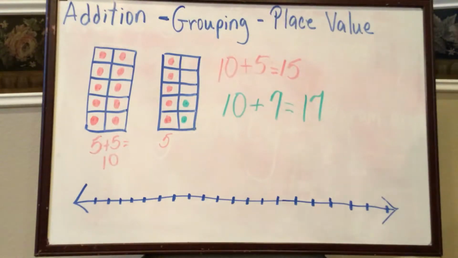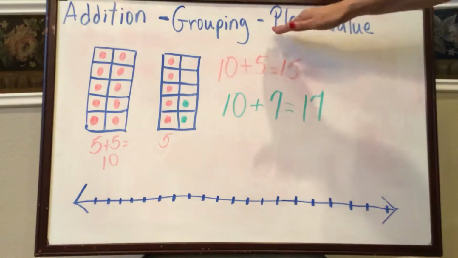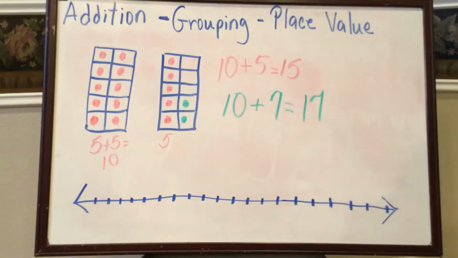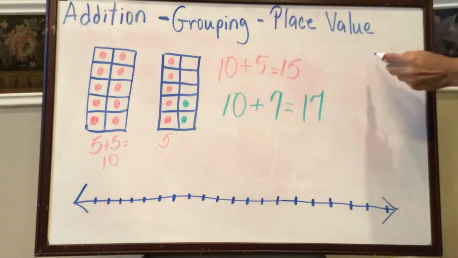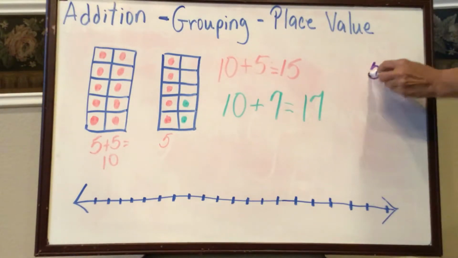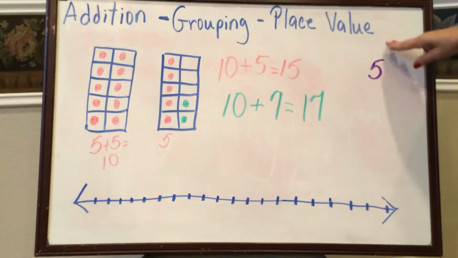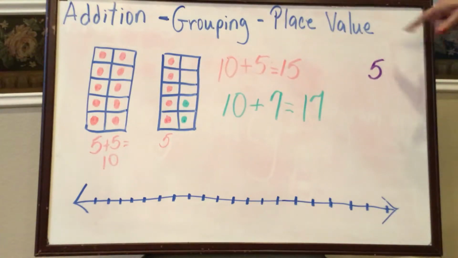Something very important that we need to learn is place value. What is place value? Each number has a place value. Let me give you an example. Like here, the number 5, the only number 5, this is in the ones place.